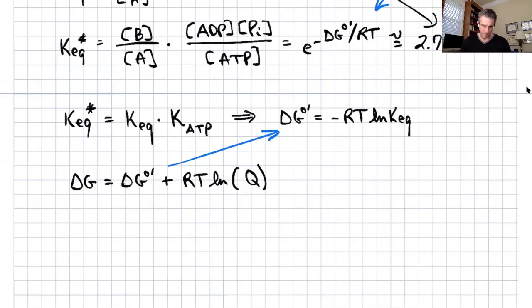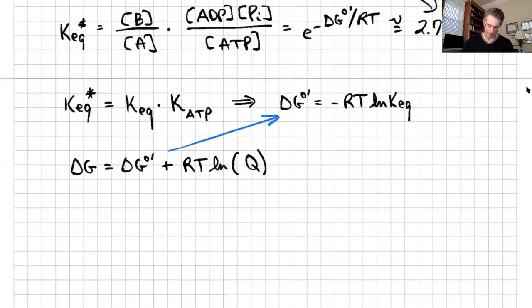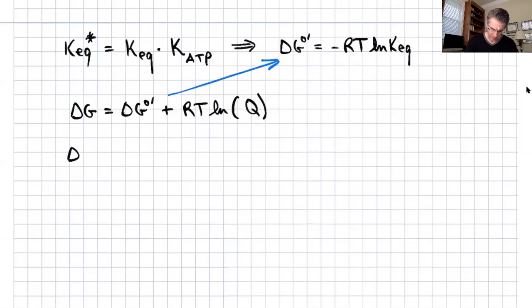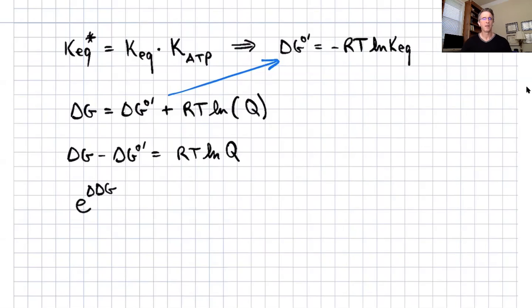We can write this slightly differently: delta G minus delta G naught prime equals RT log of Q. That means the difference between the free energy under some set of conditions and the standard state free energy, raised to the exponential e over RT, is just going to be equal to Q. It has to be true.